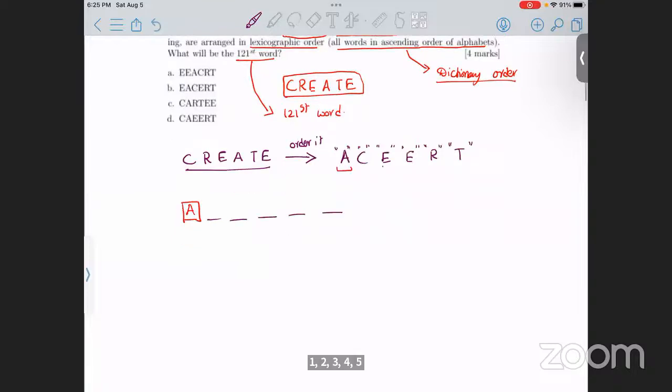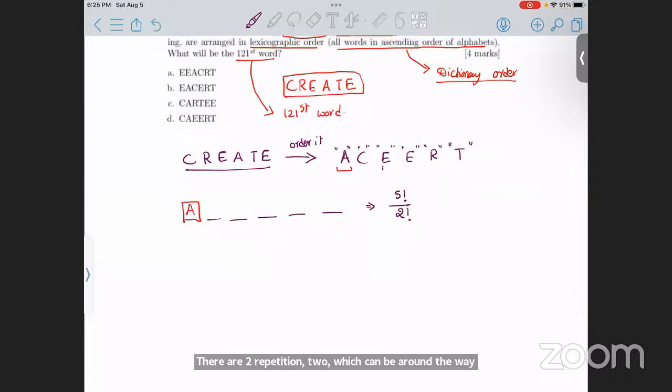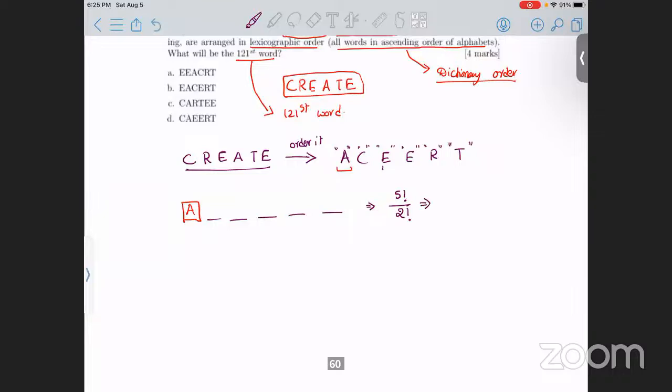There are two repeated letters, so they can be arranged in 5 factorial divided by 2 factorial. Agree? Now, what is the value of 5 factorial divided by 2 factorial? 5 into 4 into 3 into 2 factorial divided by 2 factorial, that is 60.